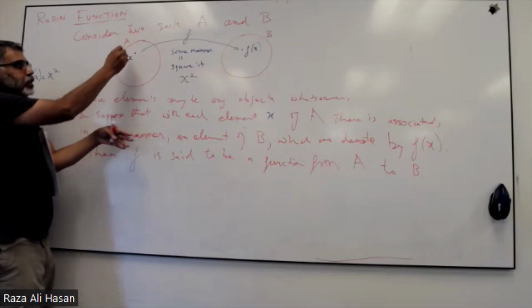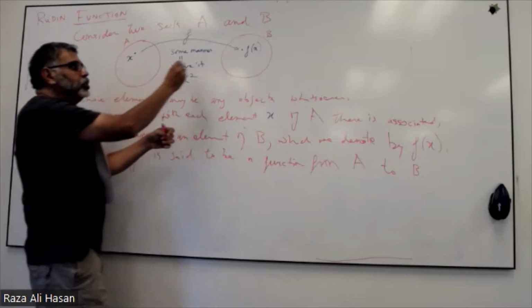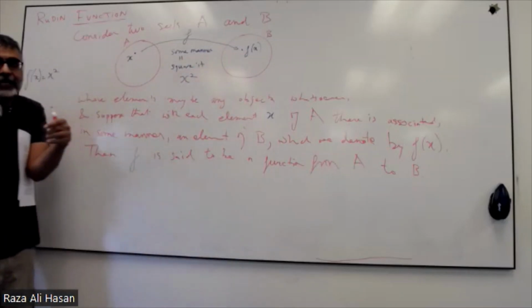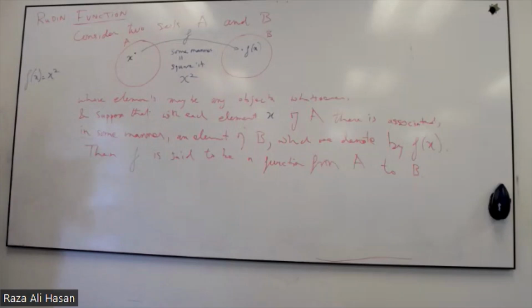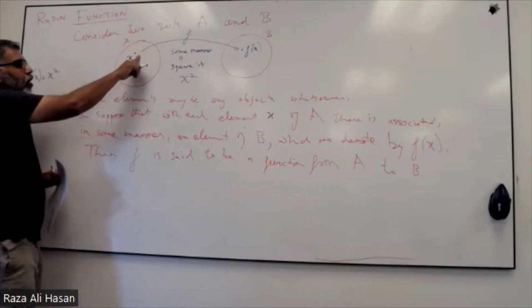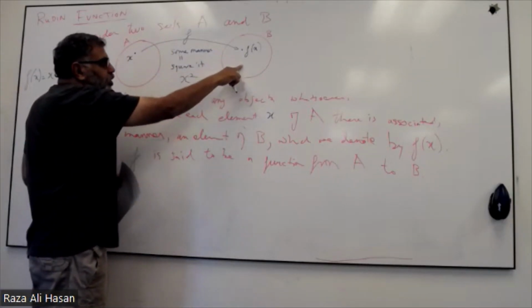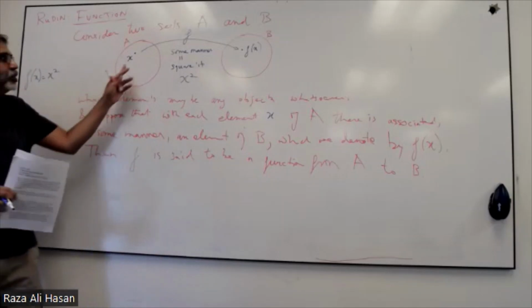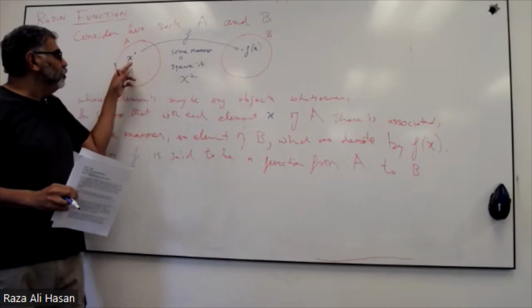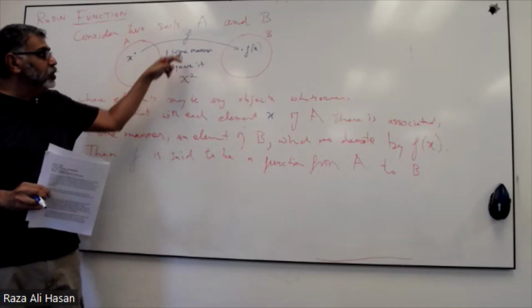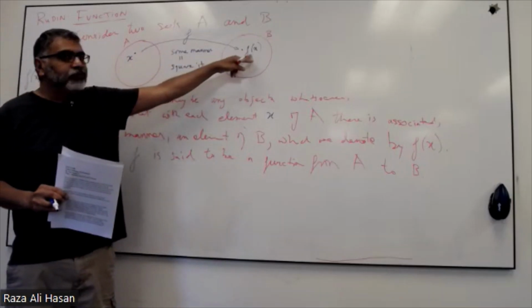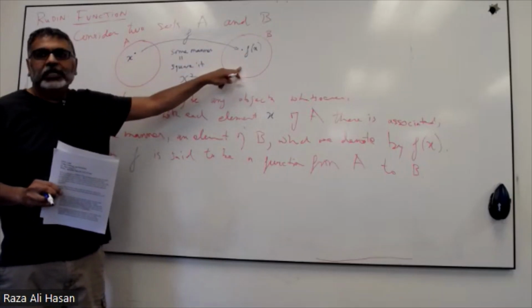You can have multiple objects here associated with a single object here. That is still a function. What you can't have is a single object giving you 2 answers. Sometimes it says, if you put 2 into the function, sometimes it gives you 4 and sometimes 23.